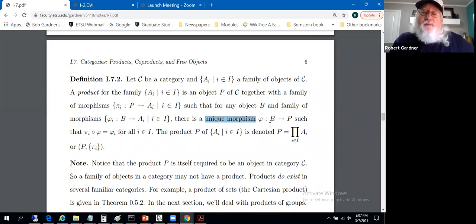A unique morphism phi mapping B into the product such that the composition pi sub I with phi is equal to phi sub I for all values of the index.